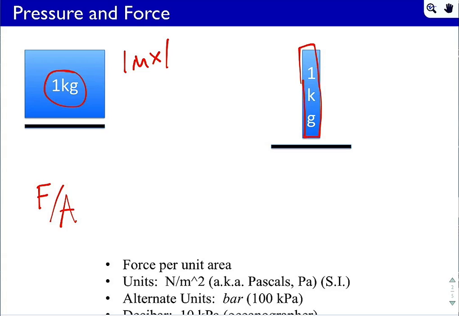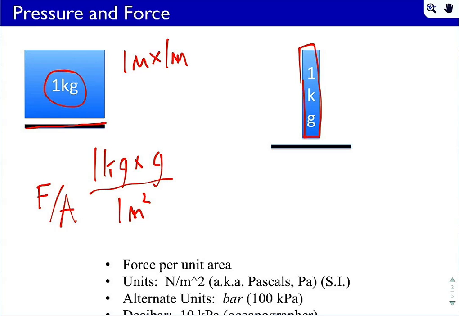The pressure exerted by that block on this table underneath it is 1 kilogram times the gravitational constant G divided by 1 meter squared. G is approximately 10 meters per second squared, so that's roughly 10 newtons per meter squared.